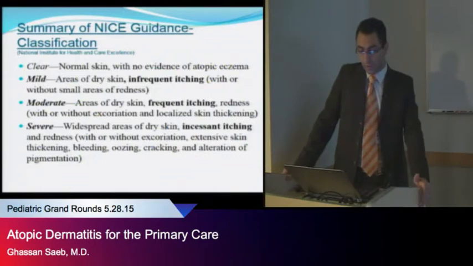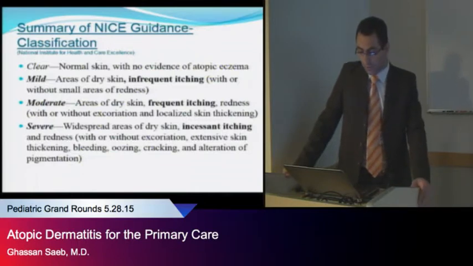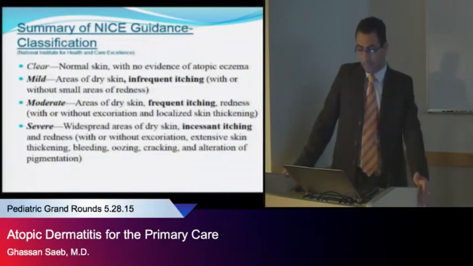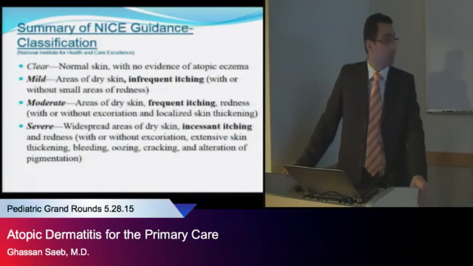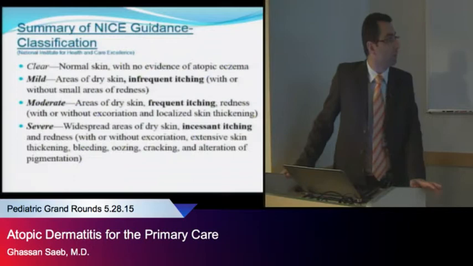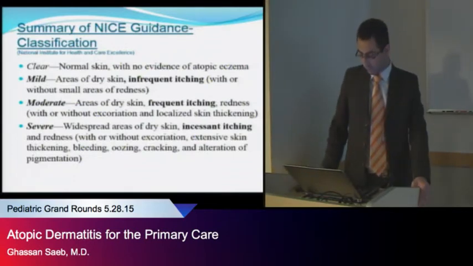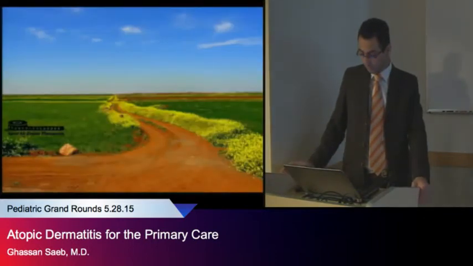In the severe, widespread areas of dry skin, incessant itching, and redness with or without excoriation, extensive skin thickening, bleeding, oozing, cracking, and alteration of pigmentation. So my patient falls probably in the severe category, so moderate to severe.